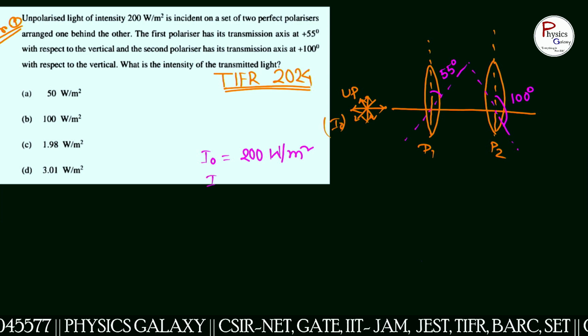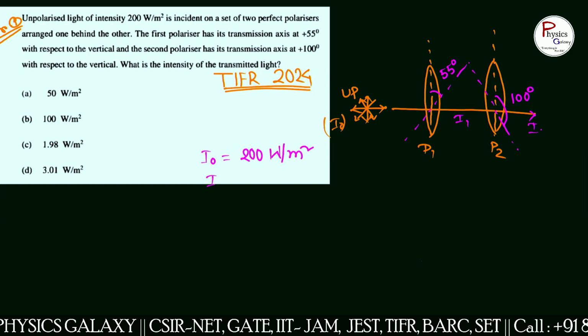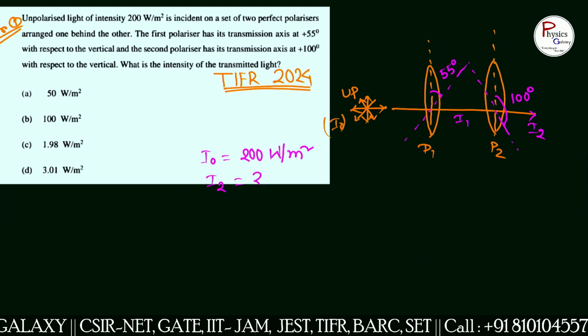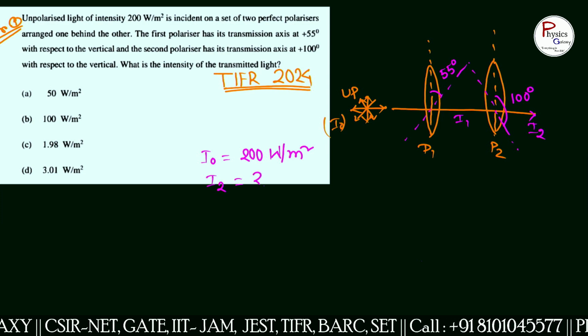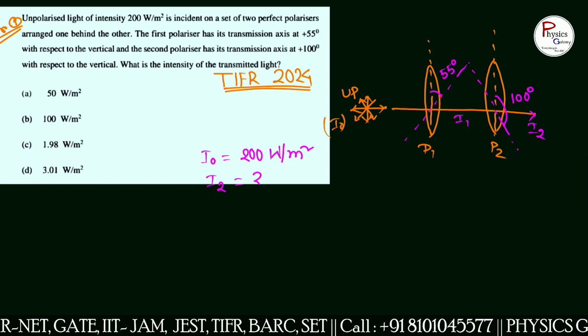If we denote I0, then I1, and the last intensity I2, then I2 will be found according to the question. So we use the Malus law concept.